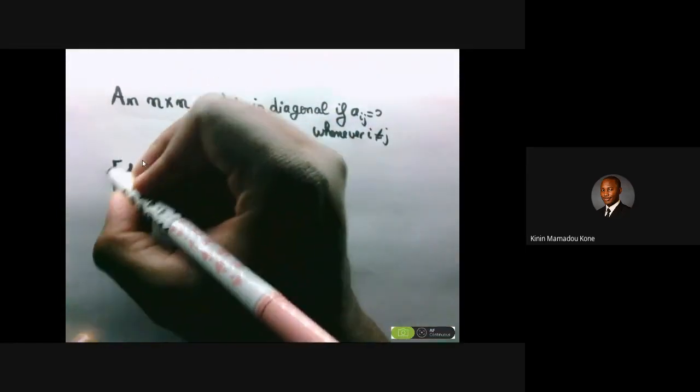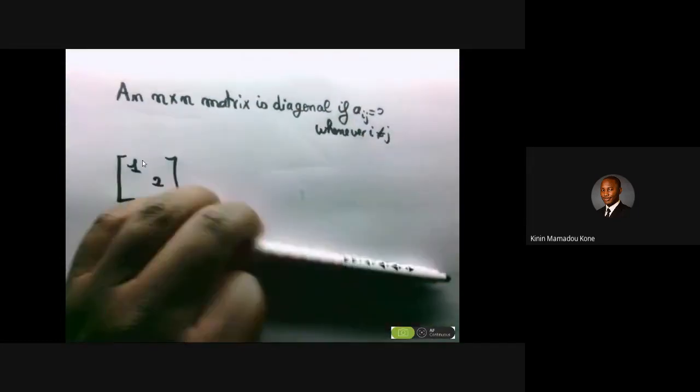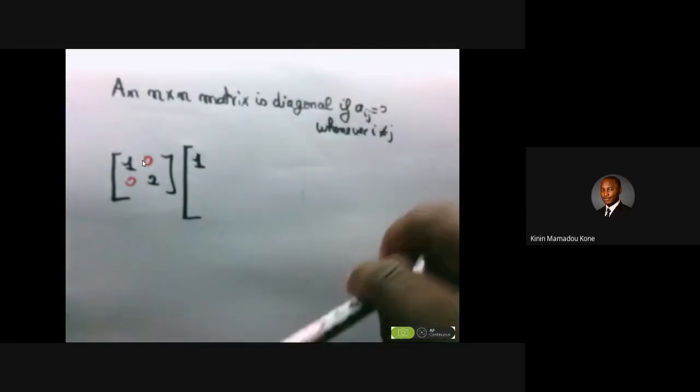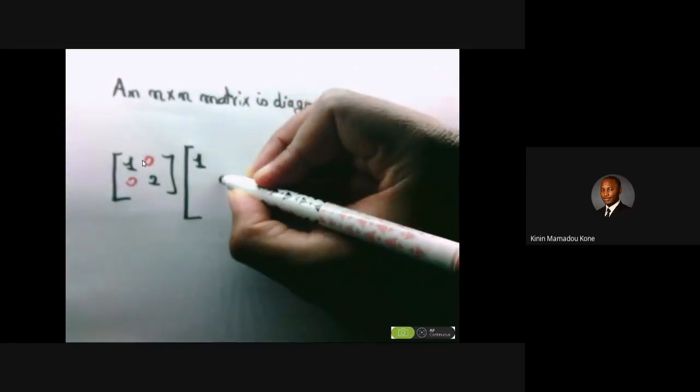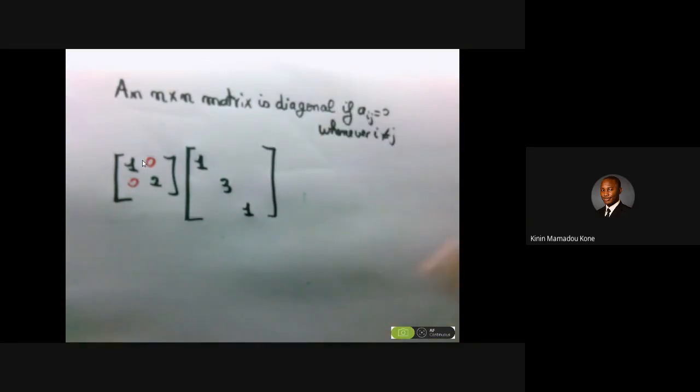So i equals 1, j equals 1, you have a value. But other than that, all the other values are zeros. Another matrix, you have 1 here, a 3 here, a 1 over here, and everything else is 0.